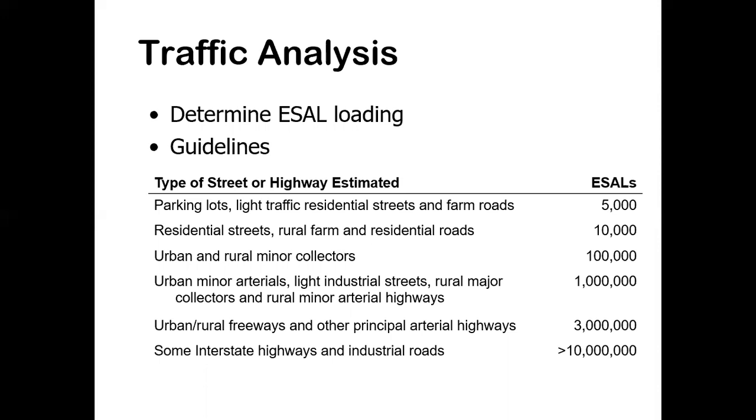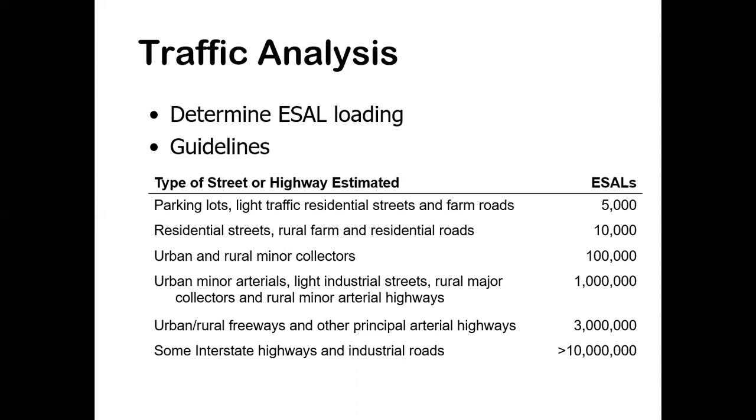But there are also guidelines available. If you don't have real data, then you can take one of these values depending upon the location and the functional classification of the highway you are designing the overlay for. For instance, for parking lots and farm roads, it can be 5,000 ESALs. For residential streets and rural farm and residential roads, we can start with 10,000.